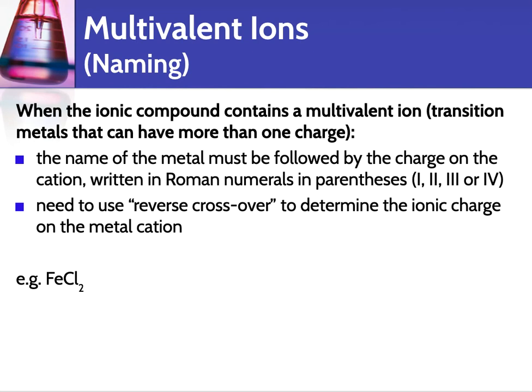Okay, so we're going to name this FeCl2. Based on our previous way of naming, we would call this iron chloride. But iron is one of those special metals that is multivalent. So we need to figure out which iron ion is actually in this compound. What we do is a reverse crossover. The little 1 goes up with chlorine, the 2 goes to iron. So this tells us that the iron had a charge of 2 and the chlorine a -1.